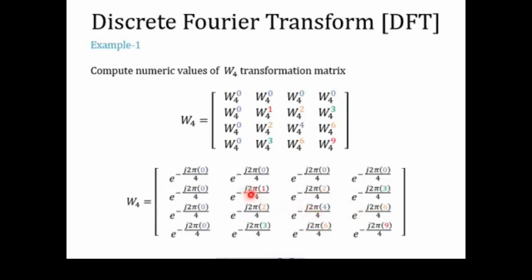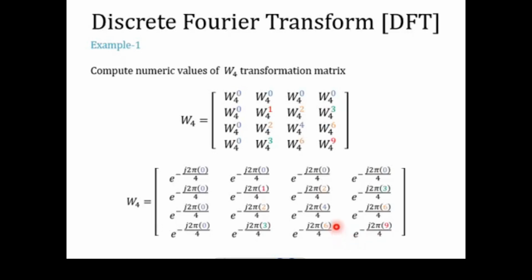Now let's come to this value and this value. Exponential minus j 2 pi over 4 is basically exponential minus j pi by 2, and exponential minus j pi by 2 is basically minus j. Similarly, exponential minus j 2 pi into 9 over 4 is basically exponential minus j 9 pi by 2, which is also equal to minus j.